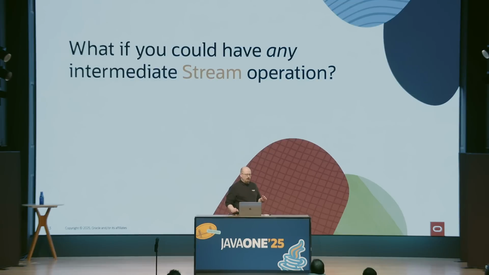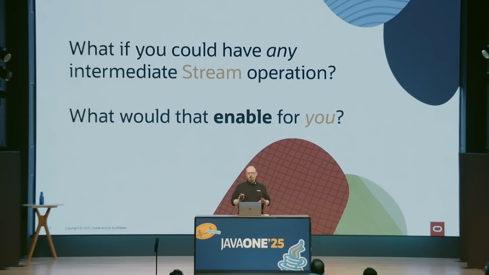All right, so during this presentation, my goal here is for you to think about this. What if you could have any intermediate stream operation? Not only the built-in, like filter or map or flat map, but if you could have any intermediate operation, what would that enable for you?